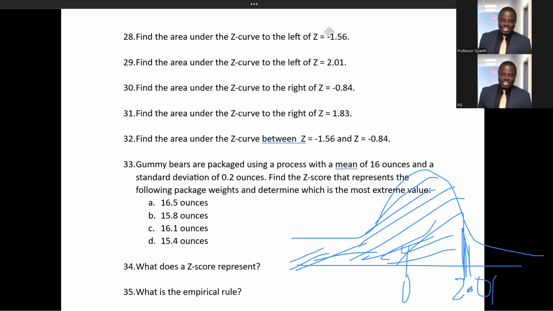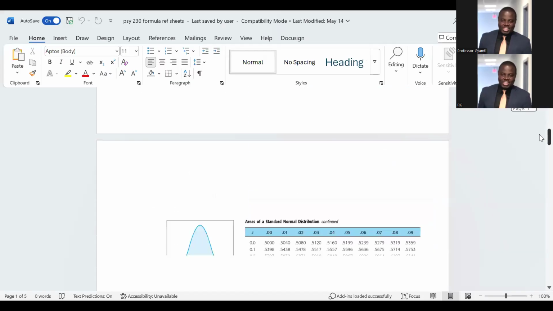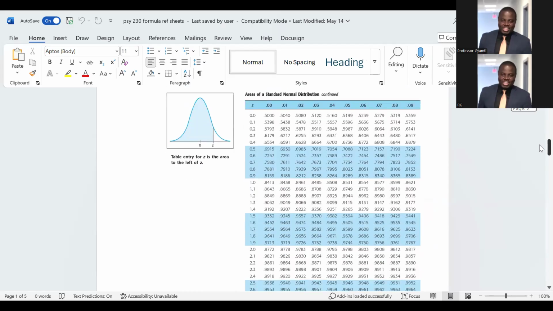So you go back to your table. So let's do that now. And find the positive Z table. Yep, I got it. So 2.01, I've got 2.0 here, and I'm looking for 0.1, and 0.1 is also there.